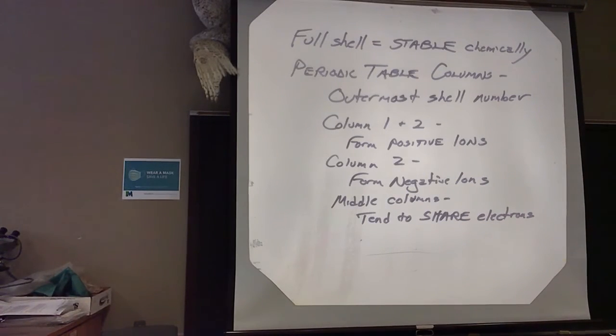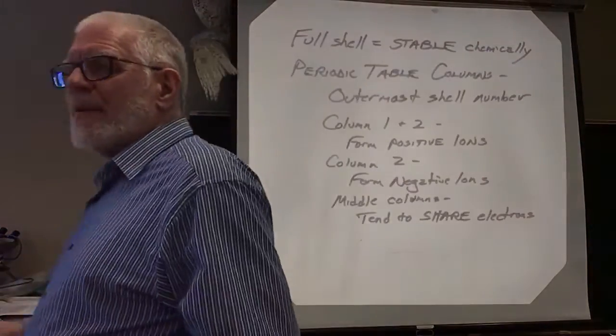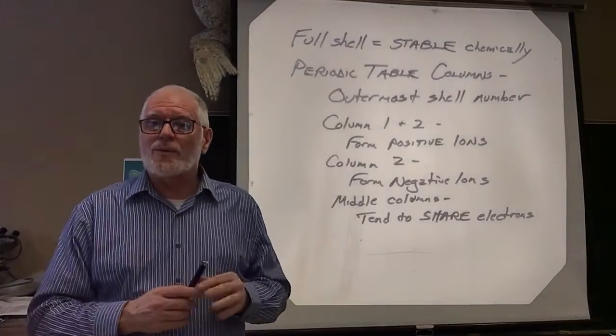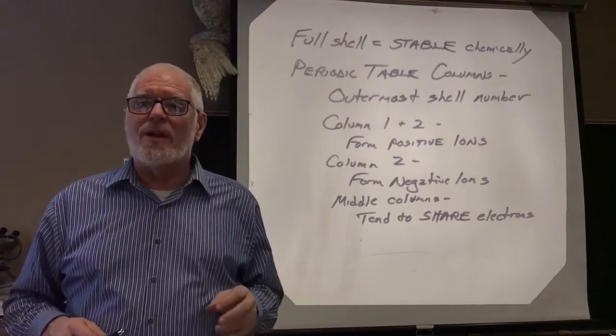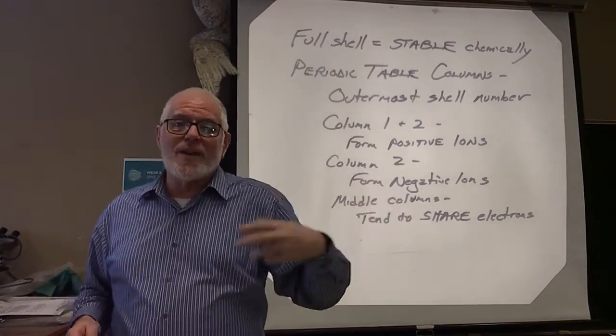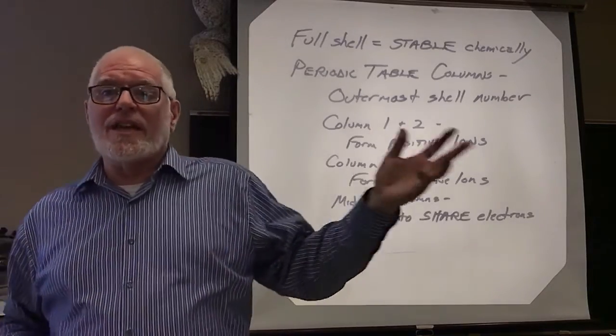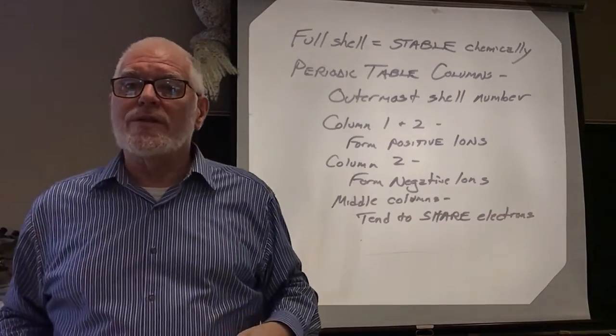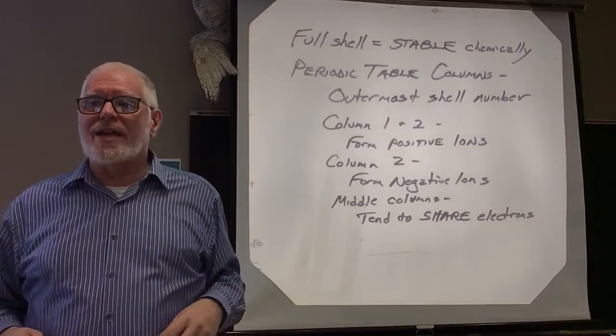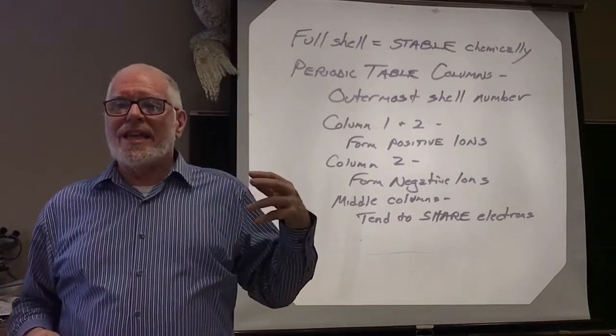Not that easy to dump off 3. So those atoms are much more likely to go up to other atoms with shells that are not full and go, I'll give you one of mine if you give me one of yours. In some cases, I'll give you 2 of mine if you give me 2 of yours. That's what they call covalent bonding, and we'll pick that up in the next chapter.